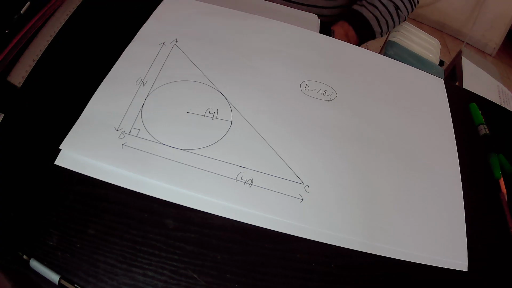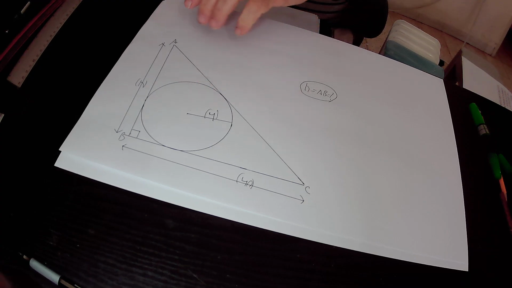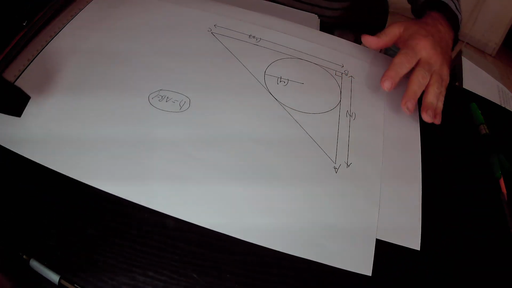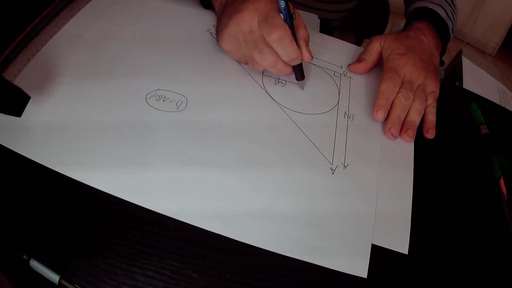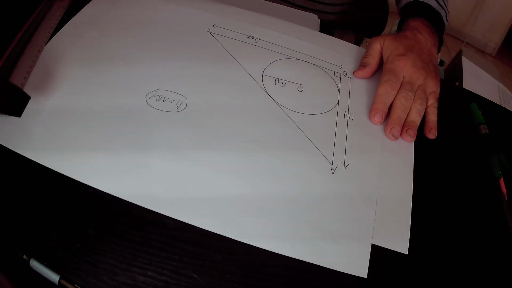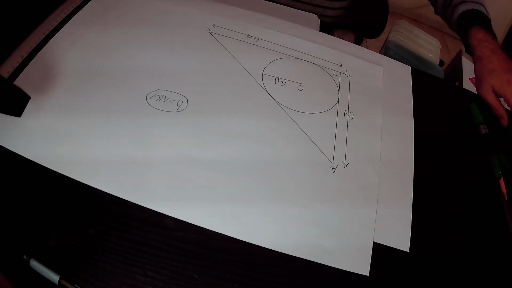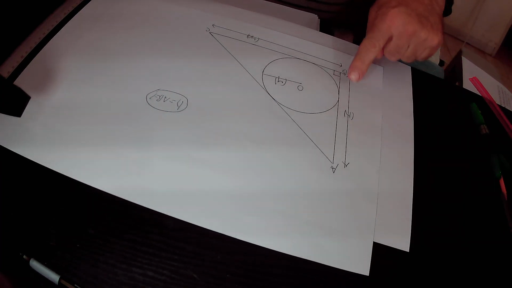So first of all, we will define the relevant points to this question with letters. We define the center of this circle. This point is point O. We define the point of tangency of tangent AB with this circle.